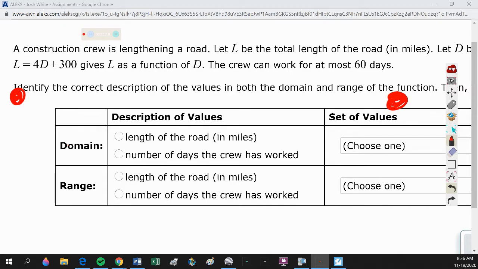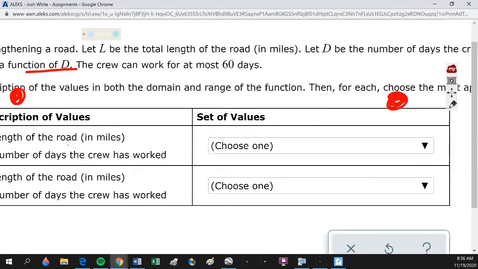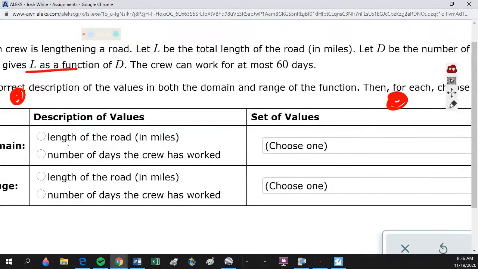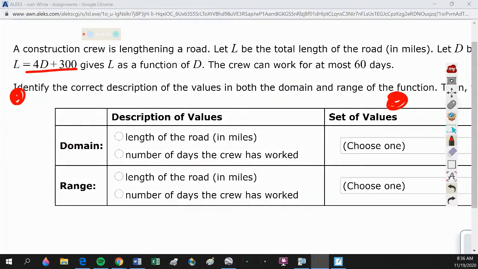Okay? And this equation, so hold on a second, let me read that again. Let D be the number of days the crew has worked. All right. So every day they work a little bit more and they get more road done. Okay?